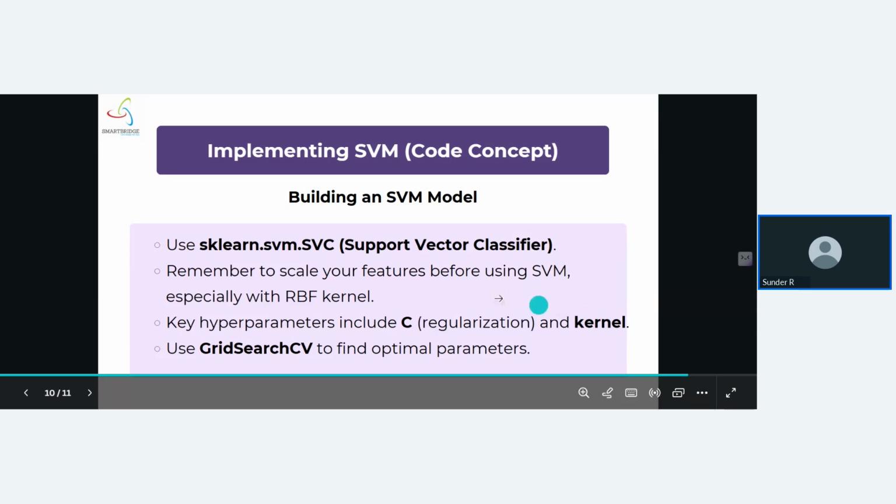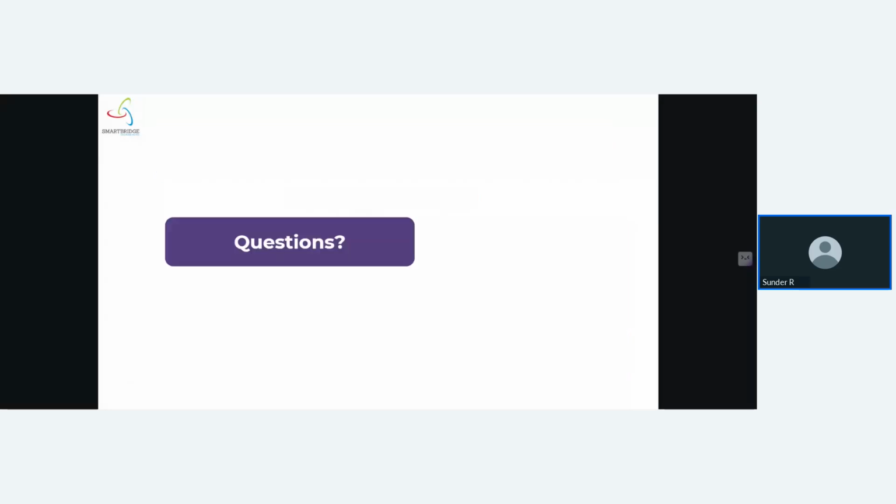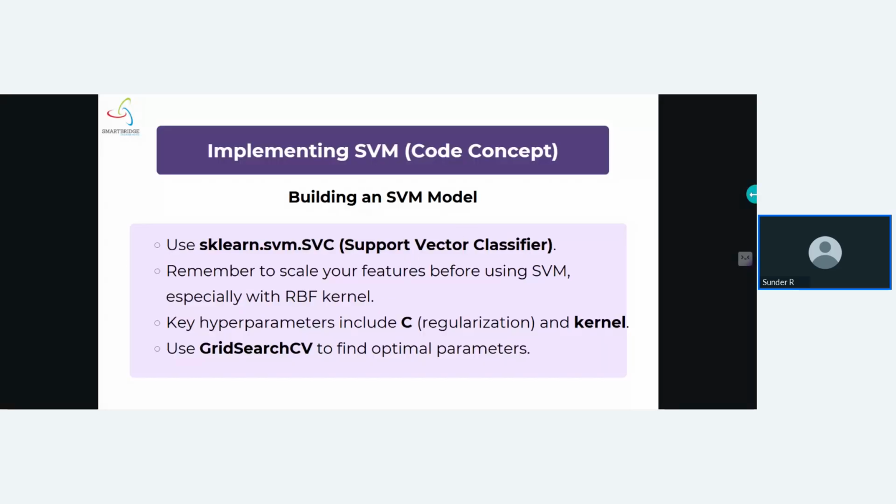If you want the best values for these, we have to consider the grid search method. By this, we will be able to get the optimal parameters, and by using these perfect parameters, we will be able to classify the given data. Is it clear? Any questions? I think it's clear, right?